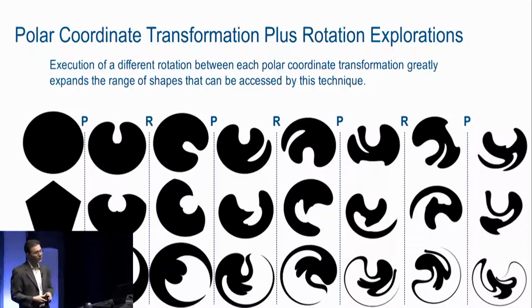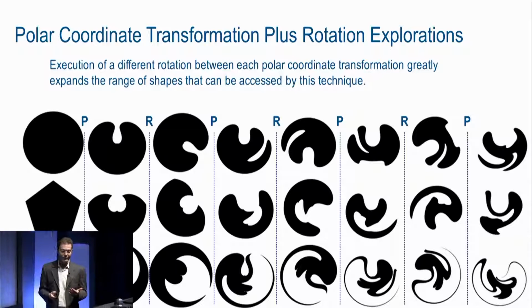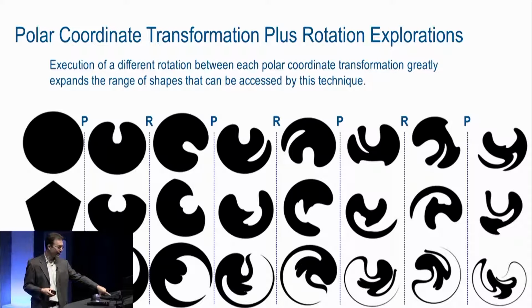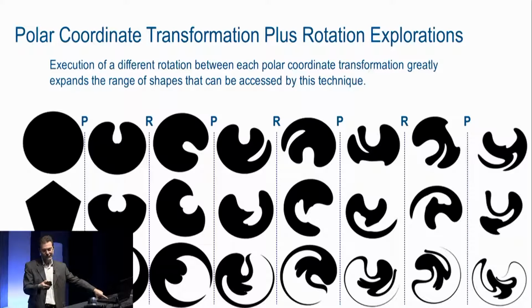And so if you approach the application of these geometric transformations in that manner, suddenly there are quite a few possibilities. You'll also notice that it doesn't tend to matter in the end what shape you start with. You start with a circle, a pentagon, an X shape. They all kind of lose their original features by the time you've applied even 6 steps.